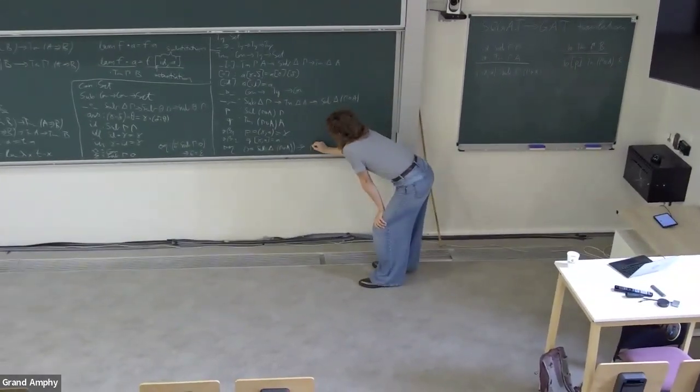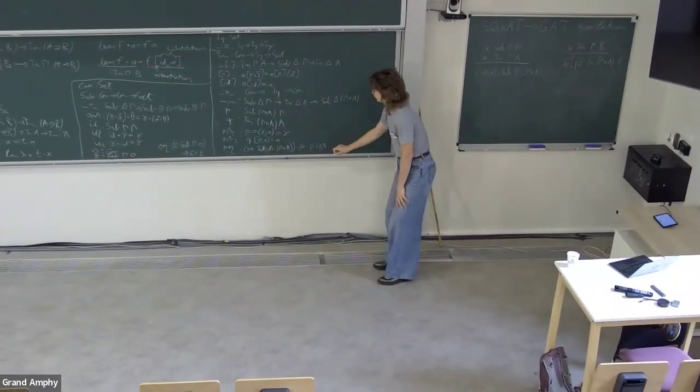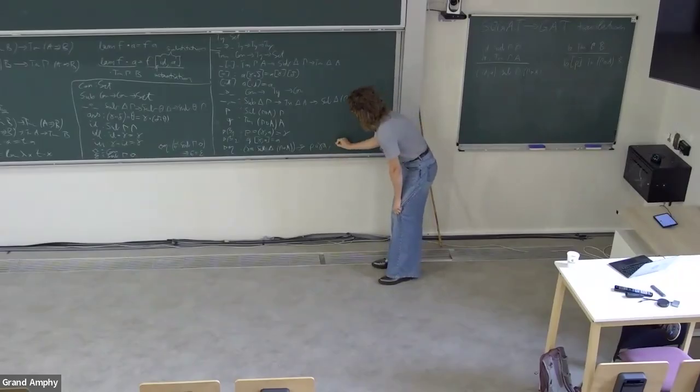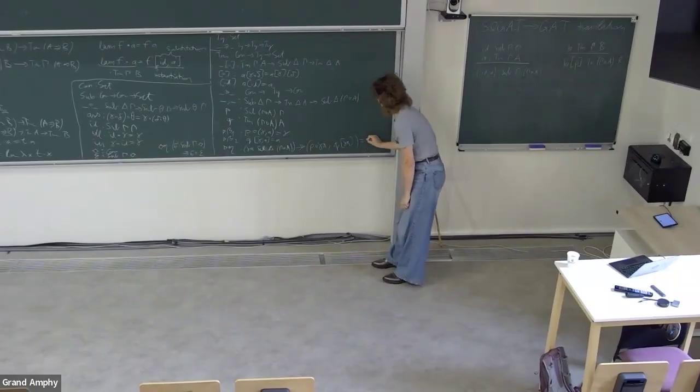So I can take out the first component using P composed with gamma A, and then I can project out the second one using Q, and this will be the same as gamma A.